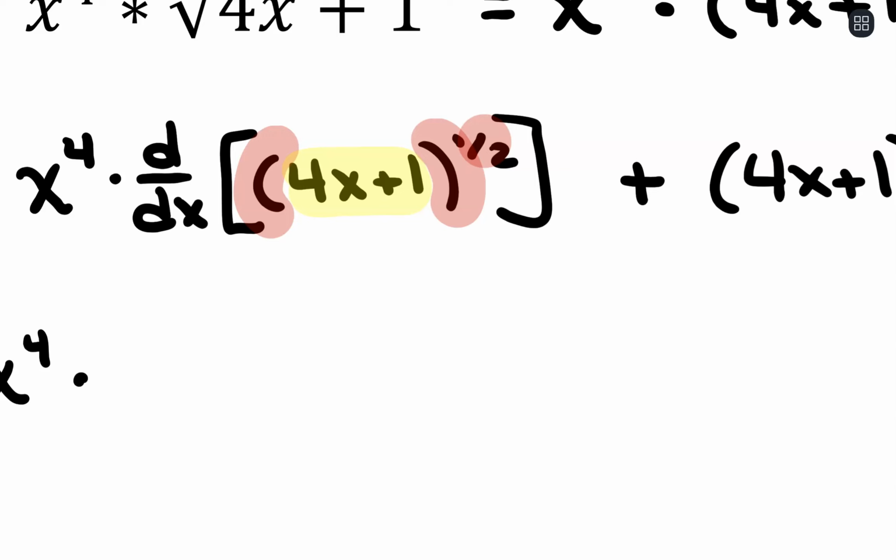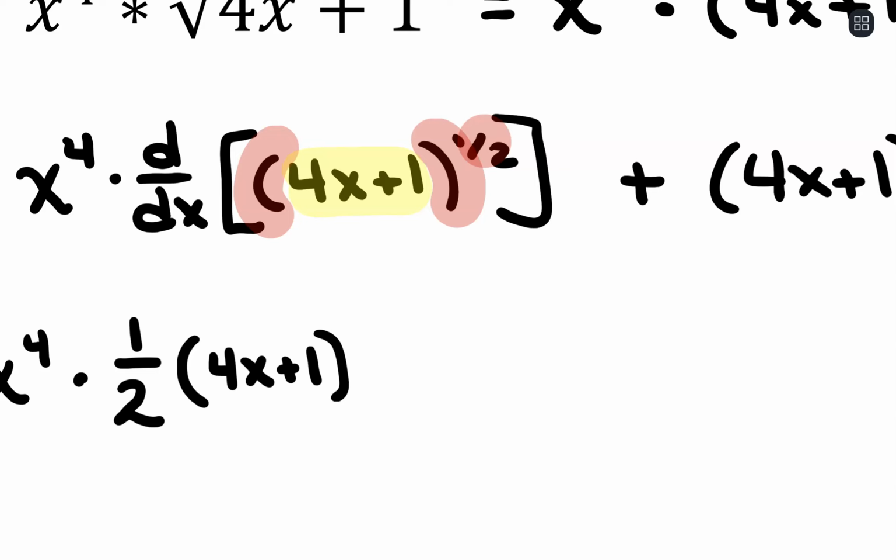So taking the derivative of something to the 1/2 power, the 1/2 comes down to multiply. We keep the inside, so we keep that 4x plus 1. And then for the exponent, 1/2 minus 1, which is a negative 1/2. And then we multiply that with the derivative of the inside, so derivative of 4x plus 1, which will just leave us with a 4.